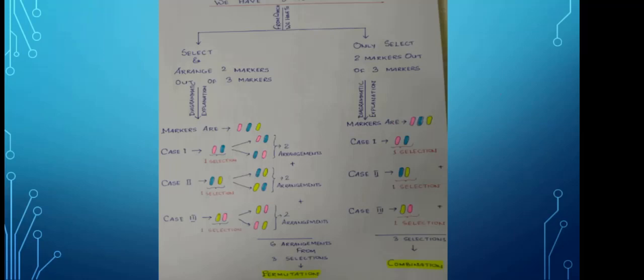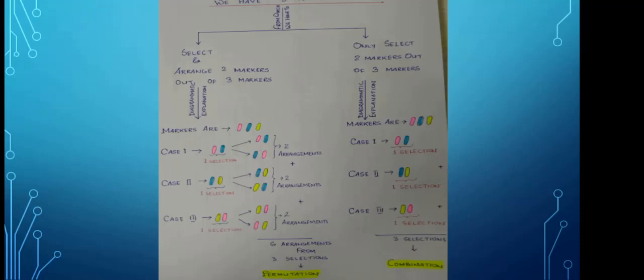In the first selection, I have drawn one pink and one blue marker. In case 2, I have selected the last 2 markers, the blue marker along with the yellow one. This is the second selection. Again, in case 3, I have selected the last marker and the first one, that means yellow and pink. So this is the third selection.